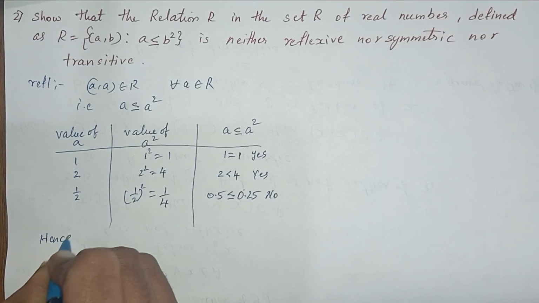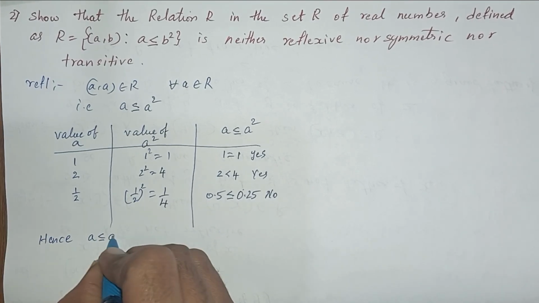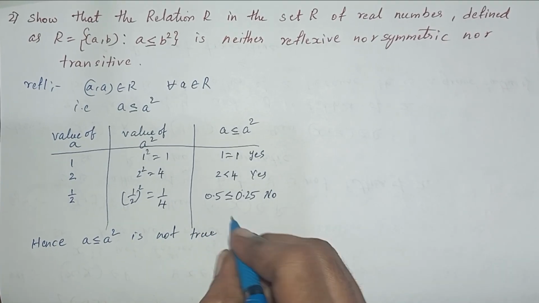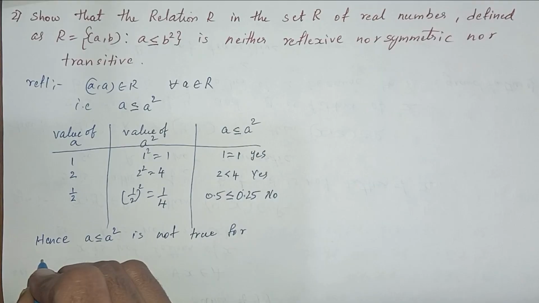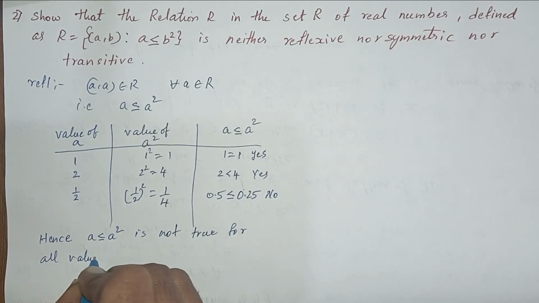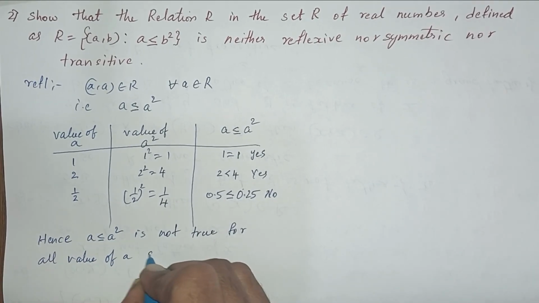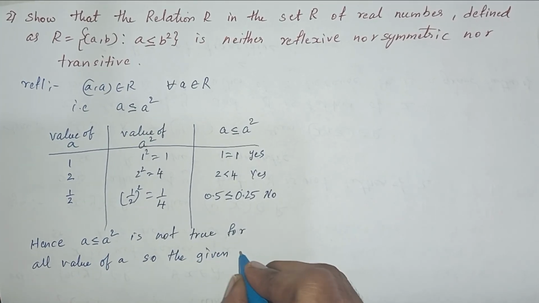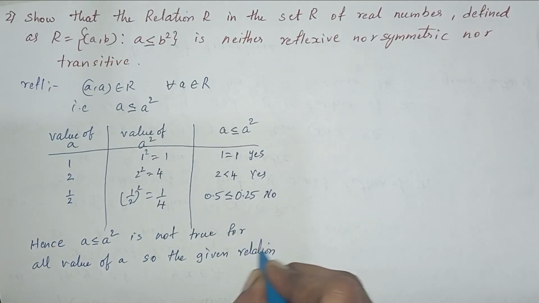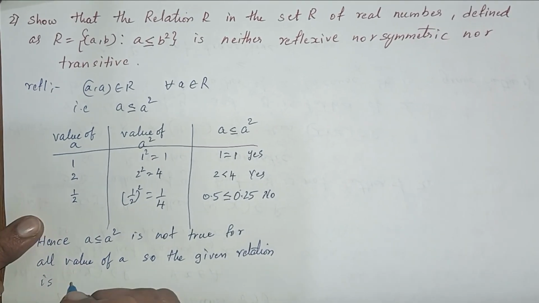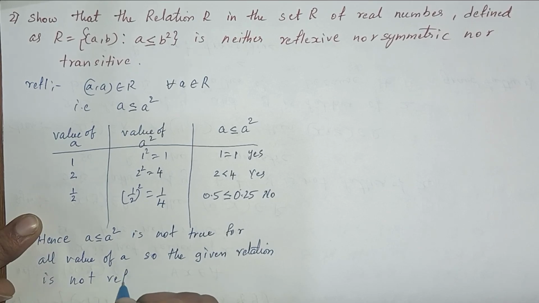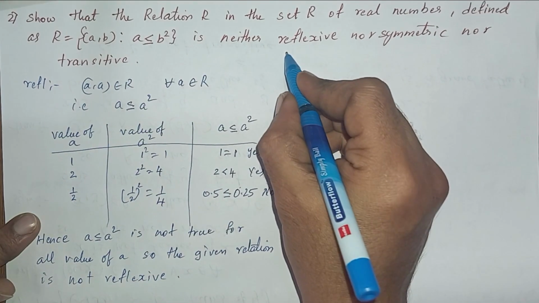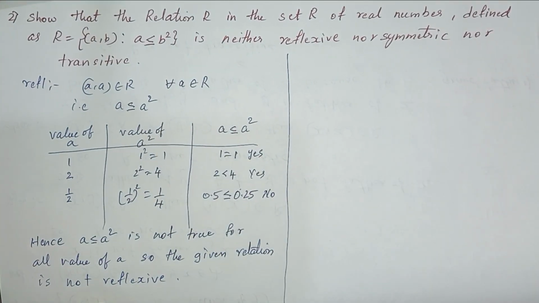Hence, a less than or equal to a squared is not true for all the values of a. So the given relation is not reflexive.